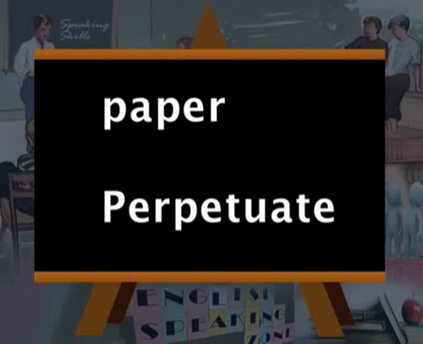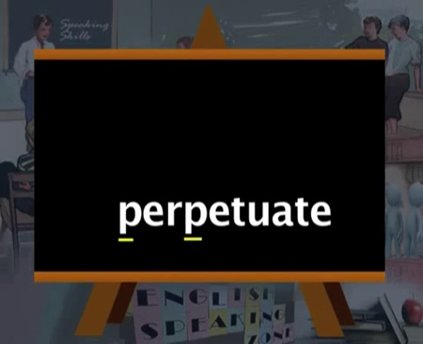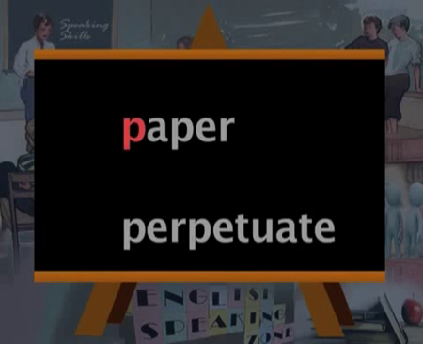Let's take, for example, two words of English, and as you know, in this word there are two P sounds, and in this word also there are two P sounds. But here the stress is on the first syllable in this word, and here the stress is on the second syllable in this word.